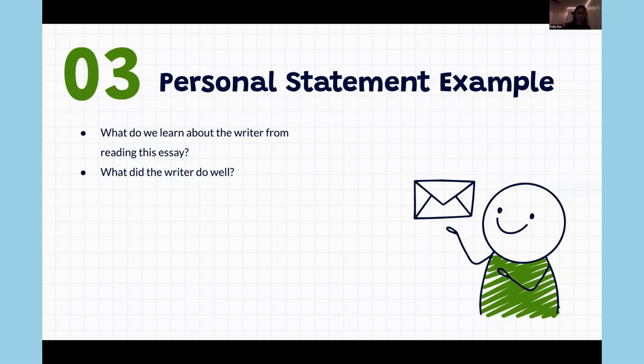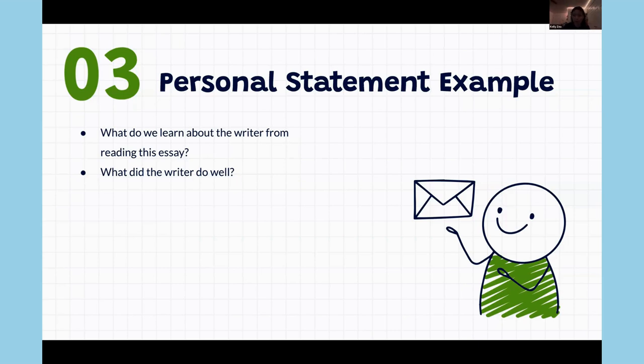But I've said this before, and I'll say it again: it's really hard to come up with the first sentence of your essay. It's really daunting because it's the first sentence. So my advice is to not start with the first sentence. Just start writing and then come up with your first sentence later. But this is a really good way to start, with a quote or a popular saying.